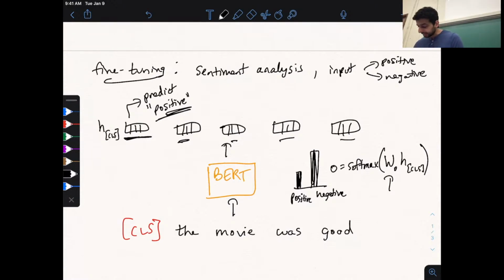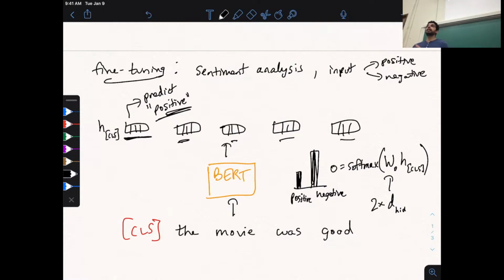You can see that it should be 2 by the dimensionality of this hidden state, right? As opposed to a V by D, which is what our language modeling softmax matrix would look like. Other than that, it's the same exact computation that's happening.